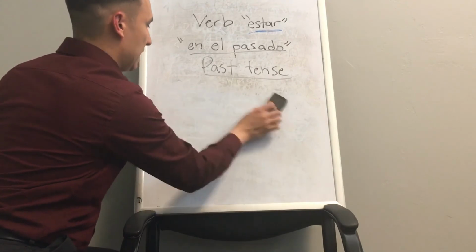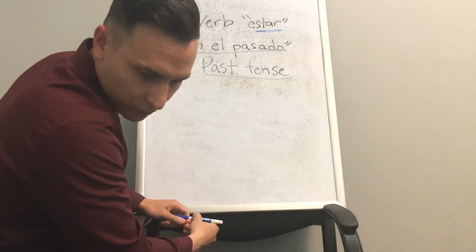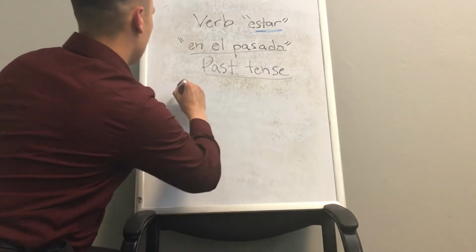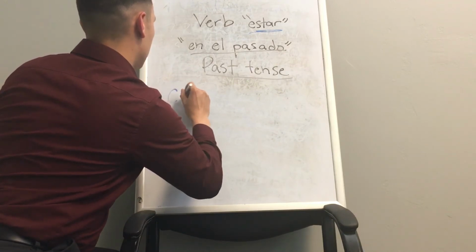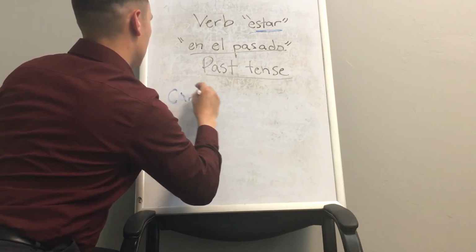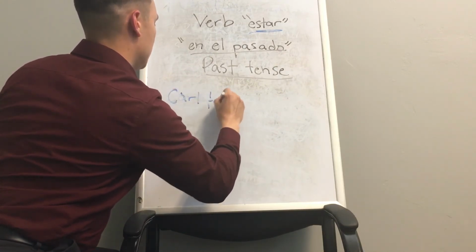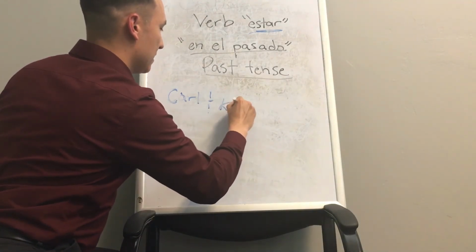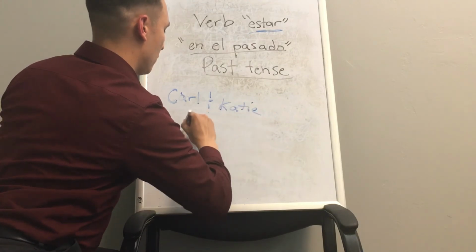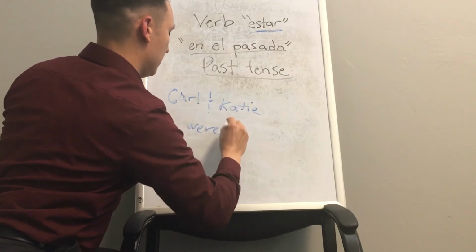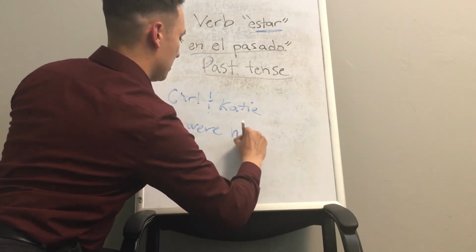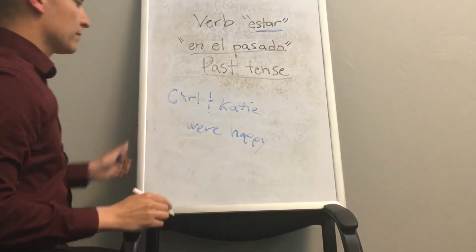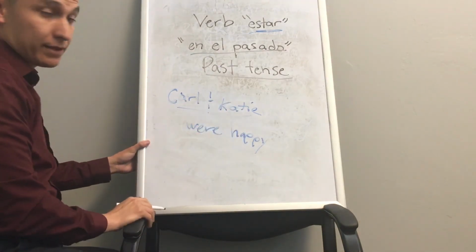Next, and lastly, so I don't get too overwhelmed here, we'll do Carl and Katie were happy. So Carl and Katie were happy.